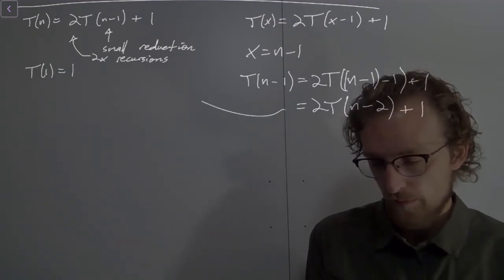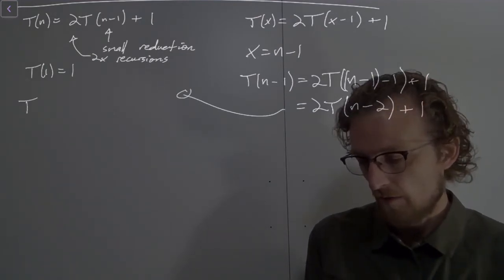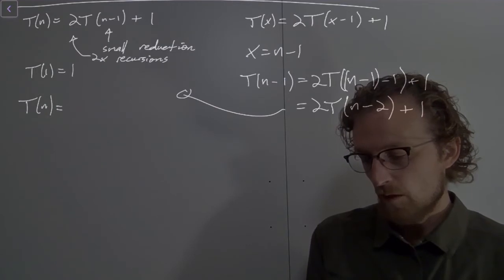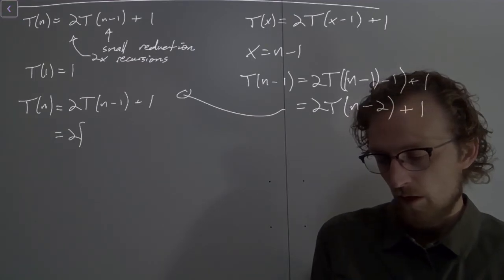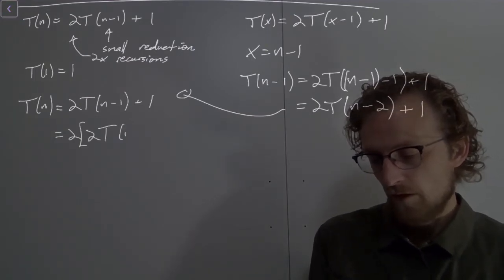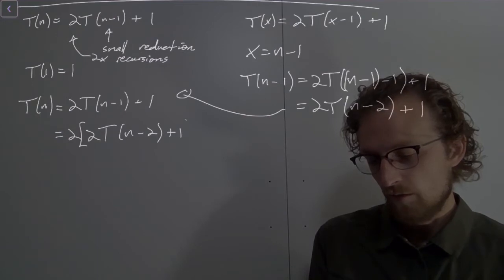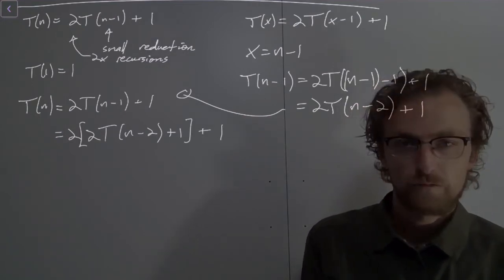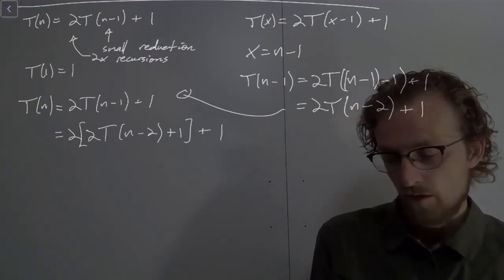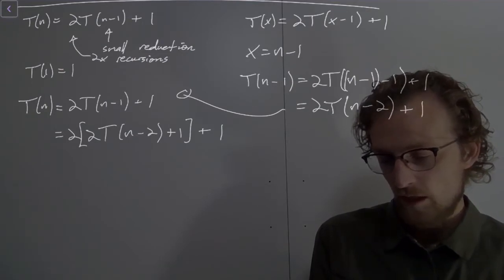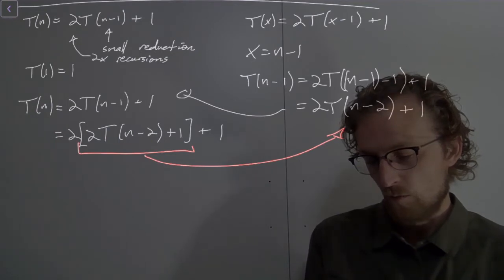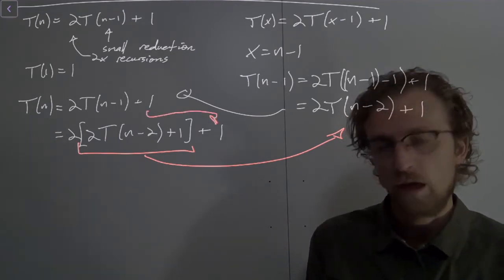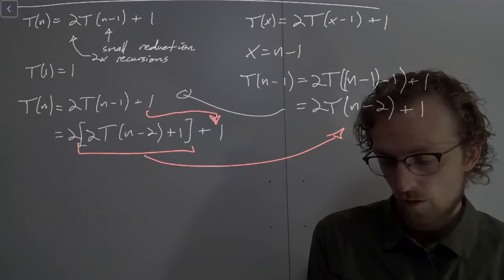All right, so let's plug this back in, and we get T of n could be equal to 2 T of n minus 1 plus 1. But it could also be equal to 2 times 2 T of n minus 2 plus 1, plus 1. This plus 1, this whole piece here, came from that, and this plus 1 came from above.